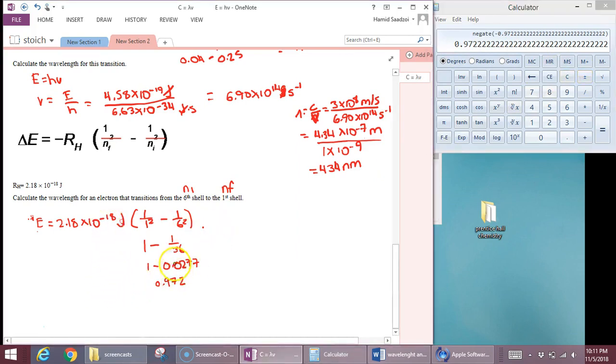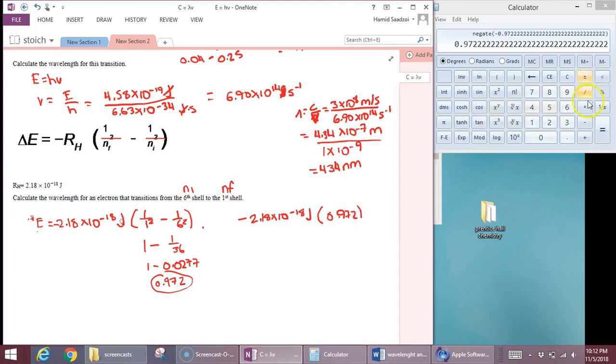So there should be a negative in front of it. Now I just need to multiply 2.18 times 10 to negative 18 joules by 0.972.